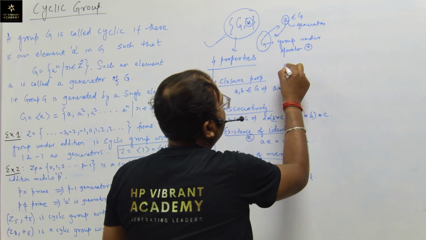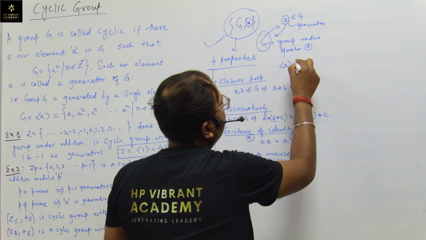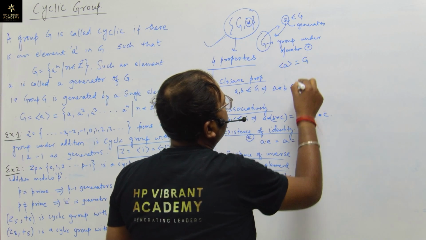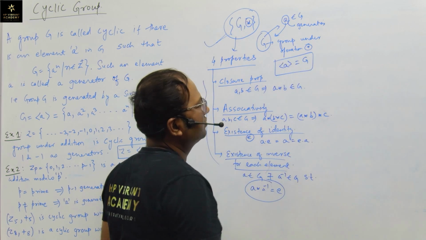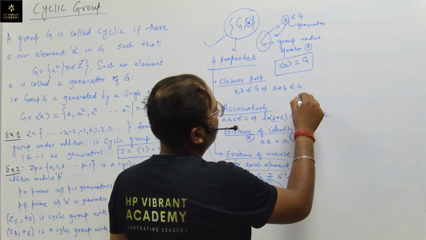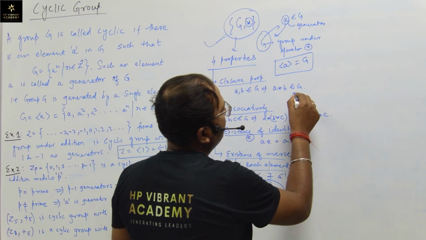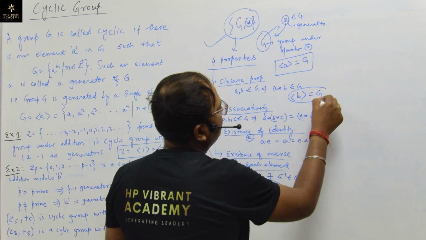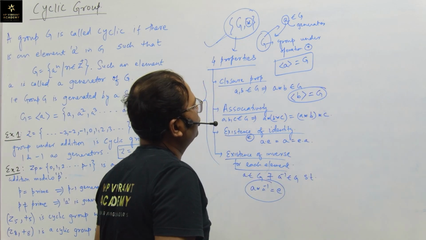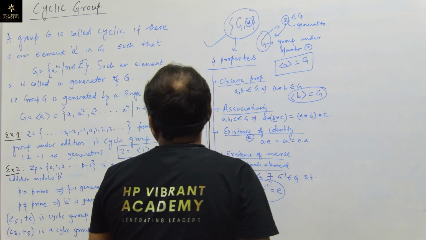So A is the generator, meaning A generates the whole group. We represent this as: suppose B is a generator of G, then B generating the whole group is equal to G. This is the basic concept of the cyclic group.